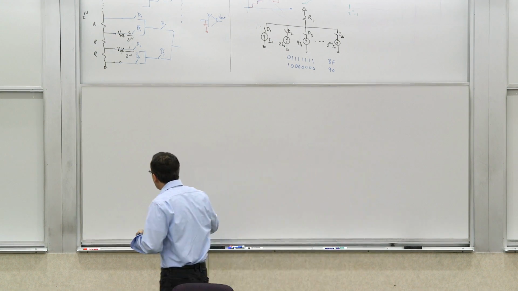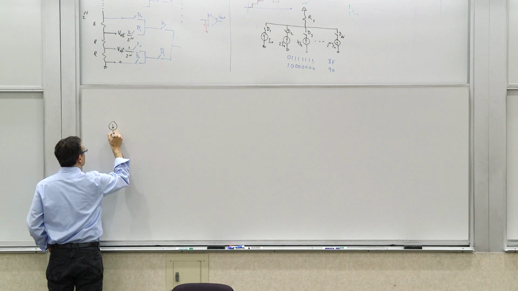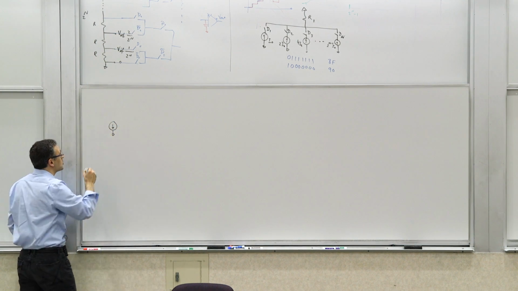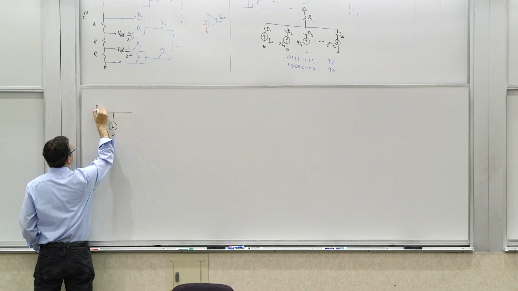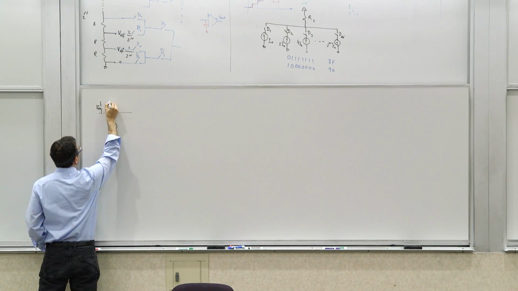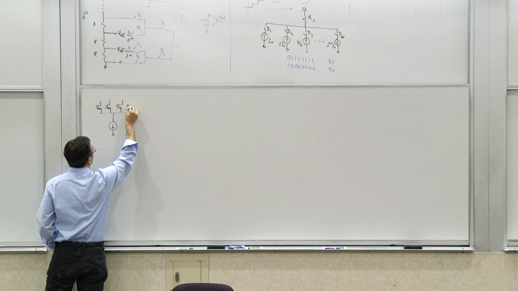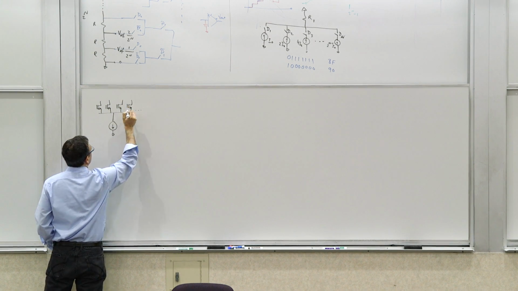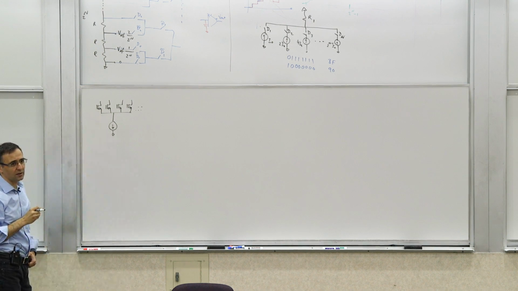So let's say the simplest thing you could do is have a current source and divide it among multiple devices. So let's say you have one current source, and then you can make identical devices here, and so on and so forth, and then use them as your sources of current.